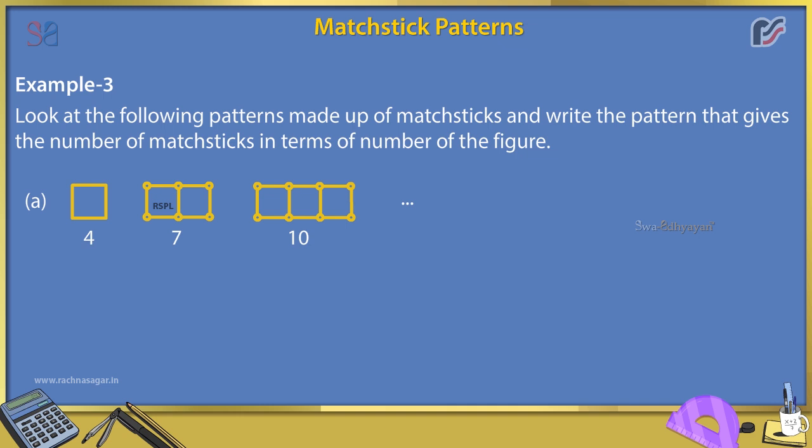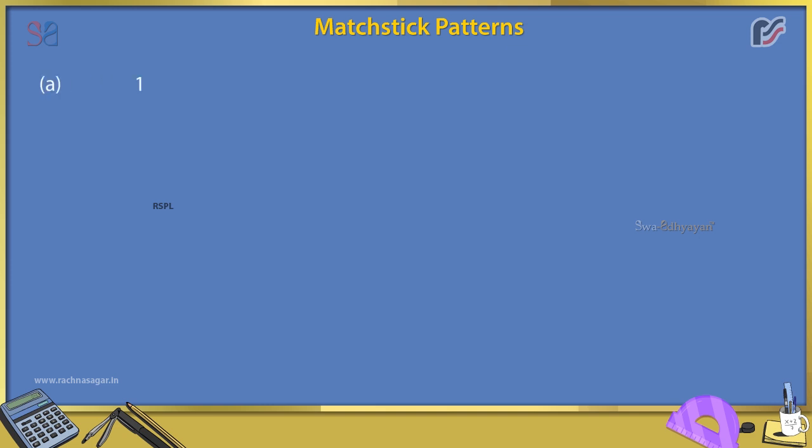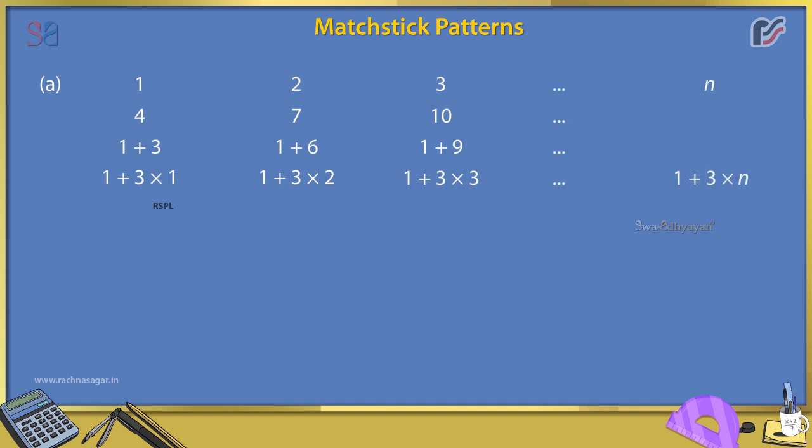A, B. A. 1, 4, 1 plus 3, 1 plus 3 multiplied by 1. 2, 7, 1 plus 6, 1 plus 3 multiplied by 2. 3, 10, 1 plus 9, 1 plus 3 multiplied by 3. n, 1 plus 3 multiplied by n.